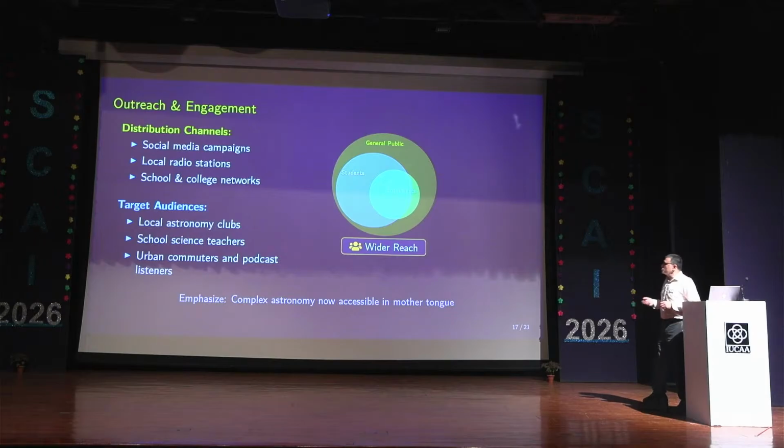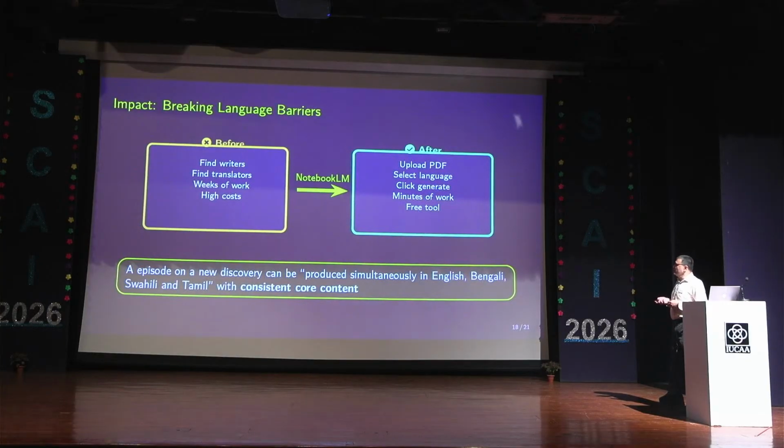You could post it on school and college networks, so the podcast can be broadcasted. There will be local astronomy clubs, school science teachers, even urban commuters and podcast listeners are going to be your target listeners. You must emphasize that now complex astronomy is becoming accessible in the mother tongue, okay?